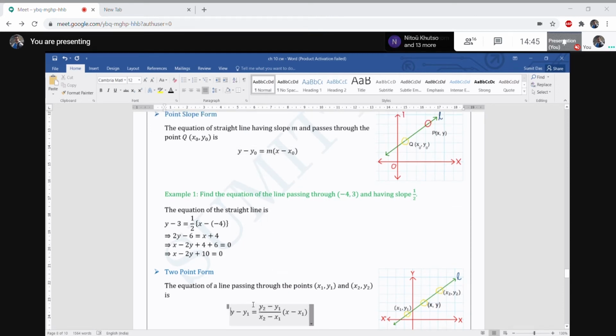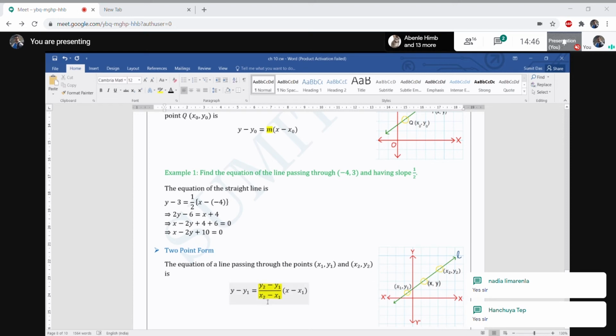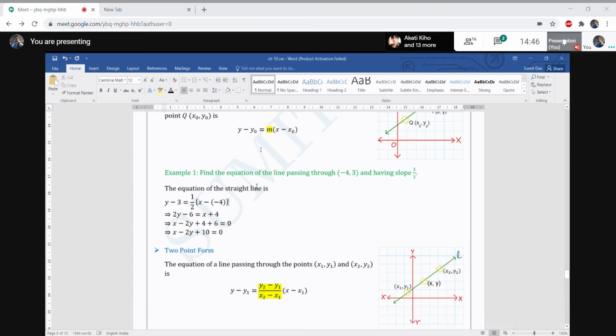Except this part, I hope you can see the yellow highlighted part. I just made two yellow highlighted parts here. Here is m and here is y2 minus y1 divided by x2 minus x1. Otherwise the other is same.